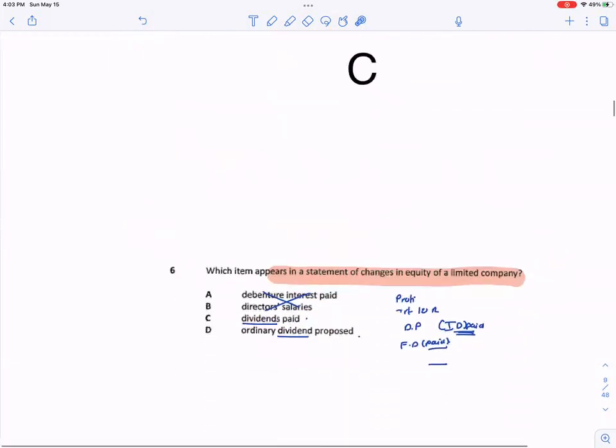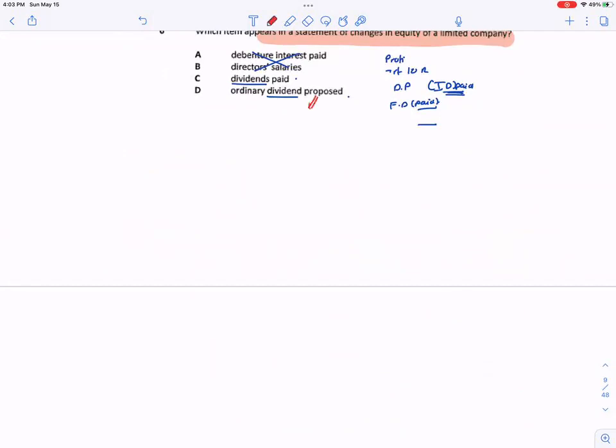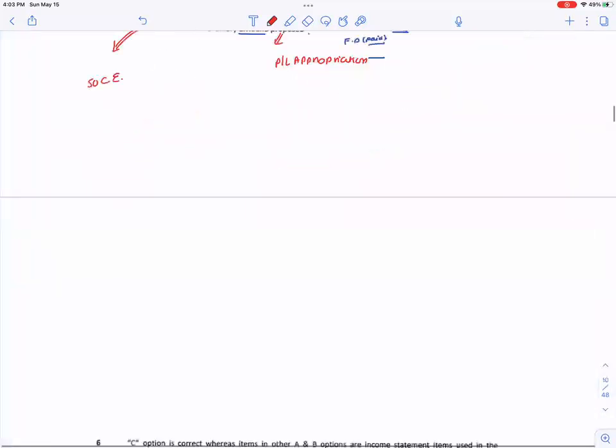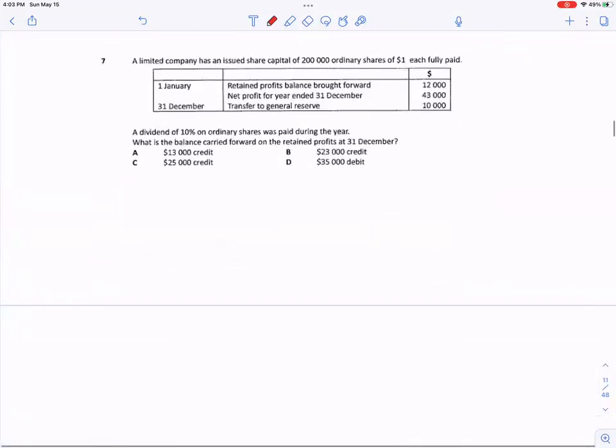Proposed dividend comes in the profit and loss appropriation account. Am I very clear? Yes, miss. Paid dividend comes in the statement of changes in equity.